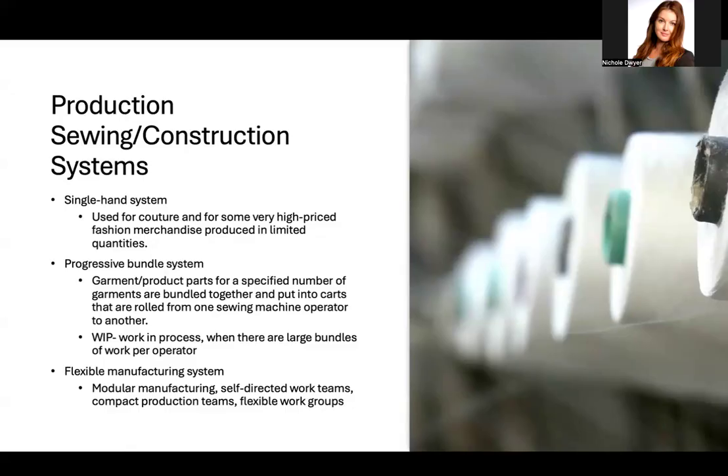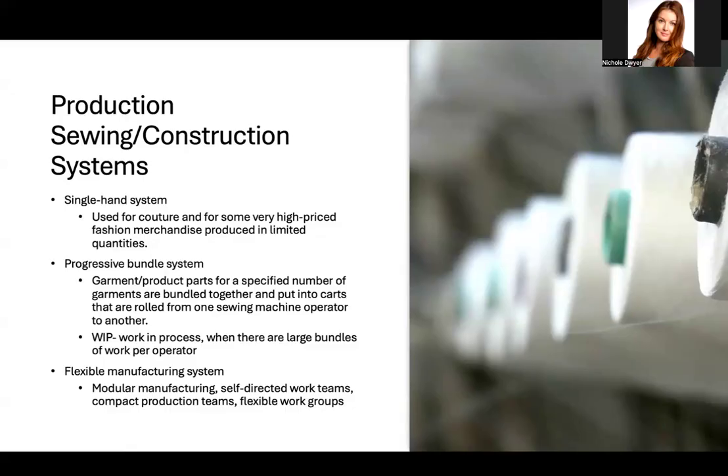A term that's often used and tracked when you think about time and action calendars, when we're thinking about the rate at which it takes a single operator or a single bundle system to make a particular style, is called WIP, which is work in process.